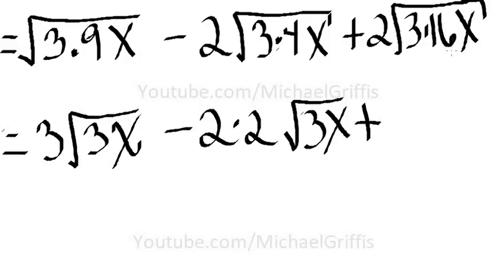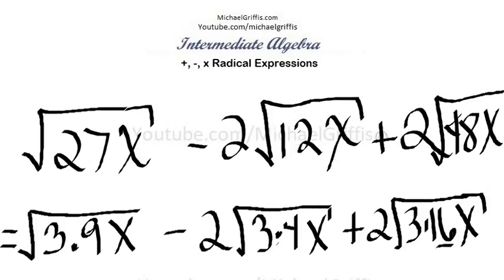Now the square root of 16. 16 can be rewritten as 4 squared, and the square root of 4 squared is going to be 4. Let me just write this up here so you can see this better.